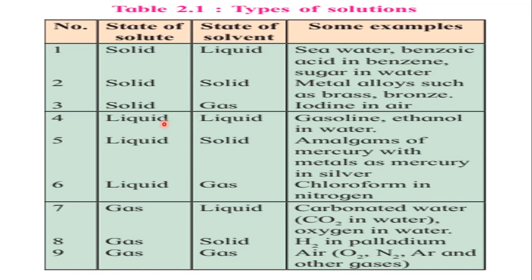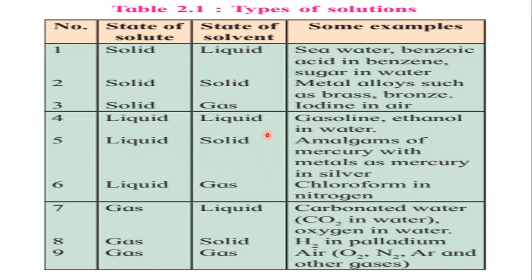Then fourth one, that is liquid in liquid. Both are in a liquid state. Larger quantity is also in a liquid state and smaller quantity, that is solute, is also in a liquid state. Example, gasoline, ethanol in water. These are the examples of what? Liquid in liquid. Then liquid in solid.